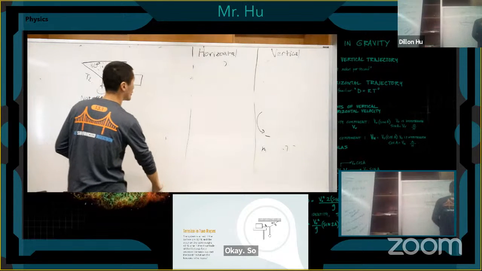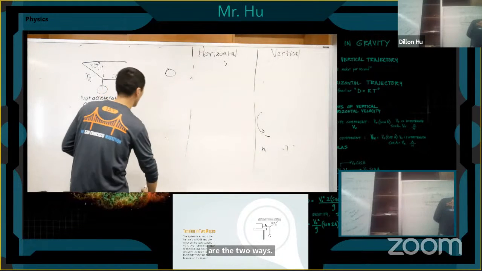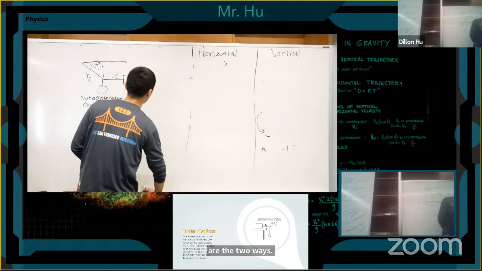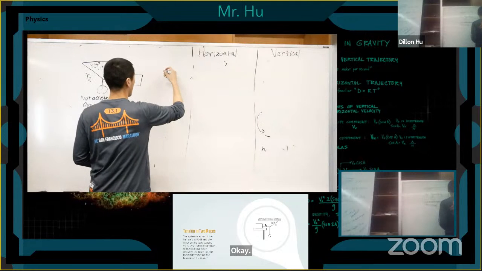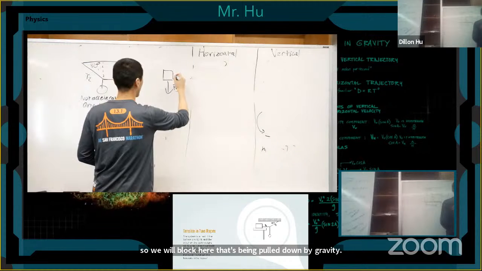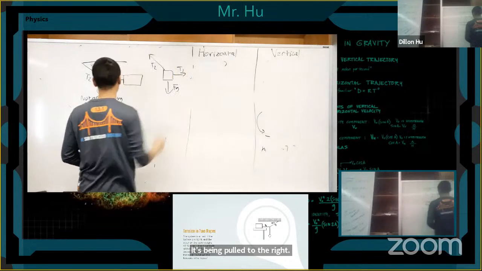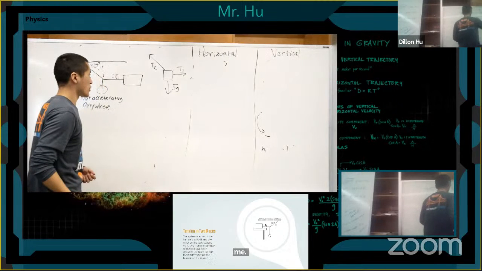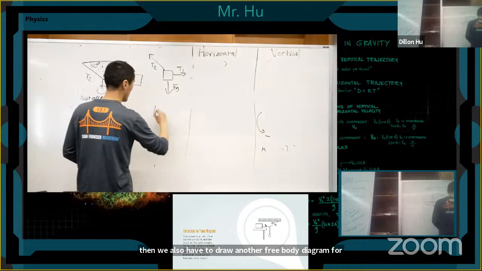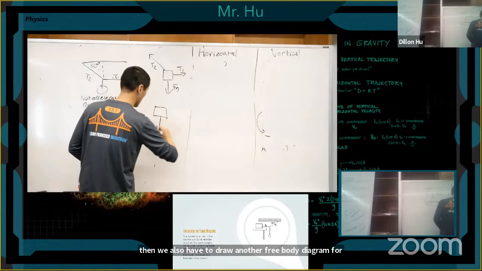So we're just going to draw two free-body diagrams here. We are going to draw a ball with a block. We have a block here that's being pulled down by gravity. It's being pulled to the right by tension, and then it's being pulled at an angle. Then we also have to draw another free-body diagram for the block here.